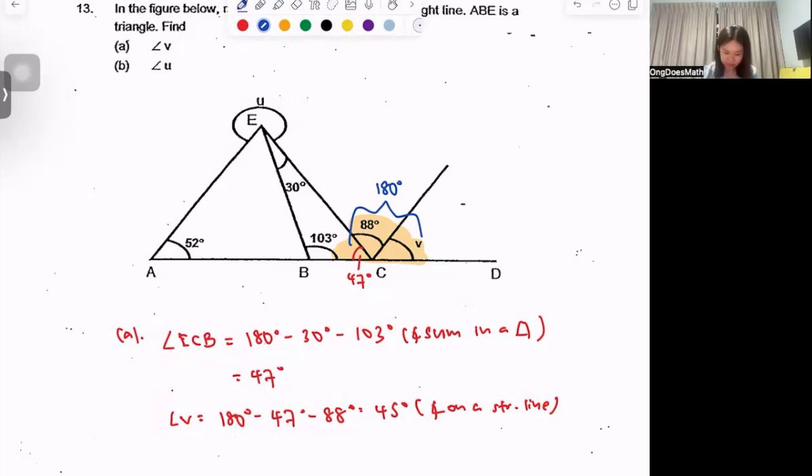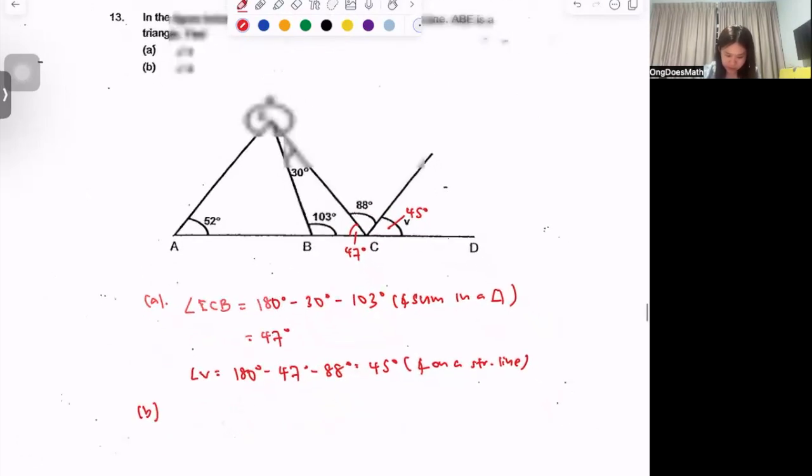Okay, now we'll go on to part B. So I'll erase things. We found that V is 45. Okay, we'll move on to part B, which is to find angle U. So now we'll focus on a different set of triangle. We'll focus on this triangle instead.